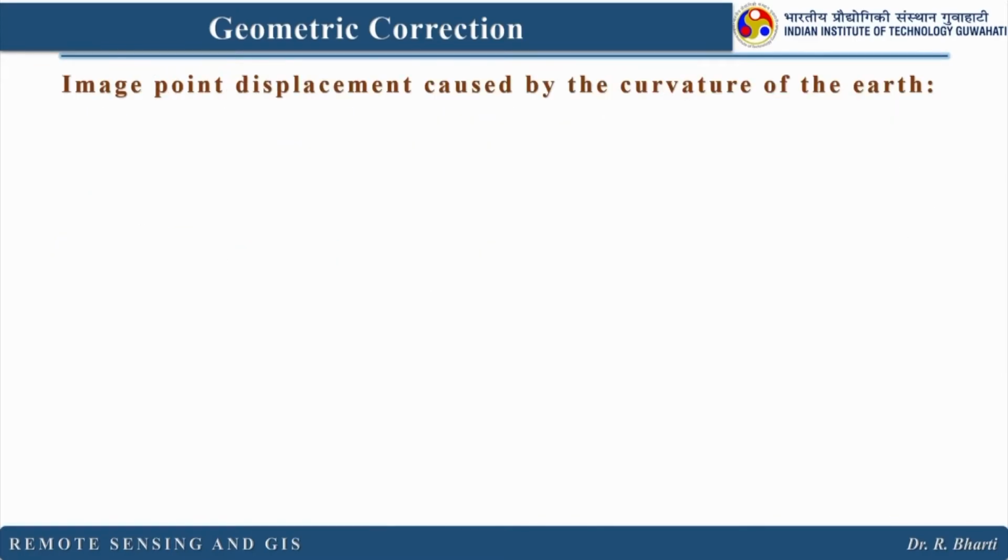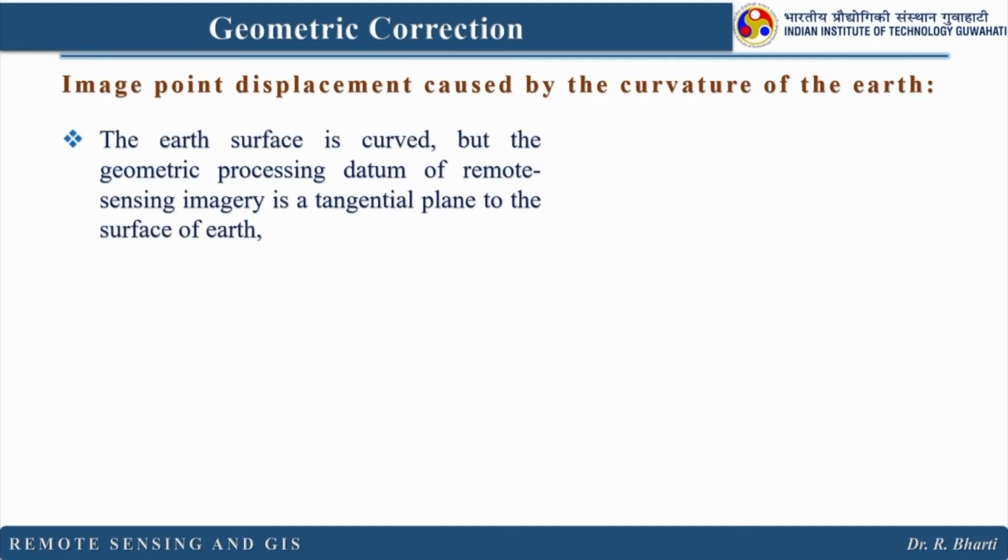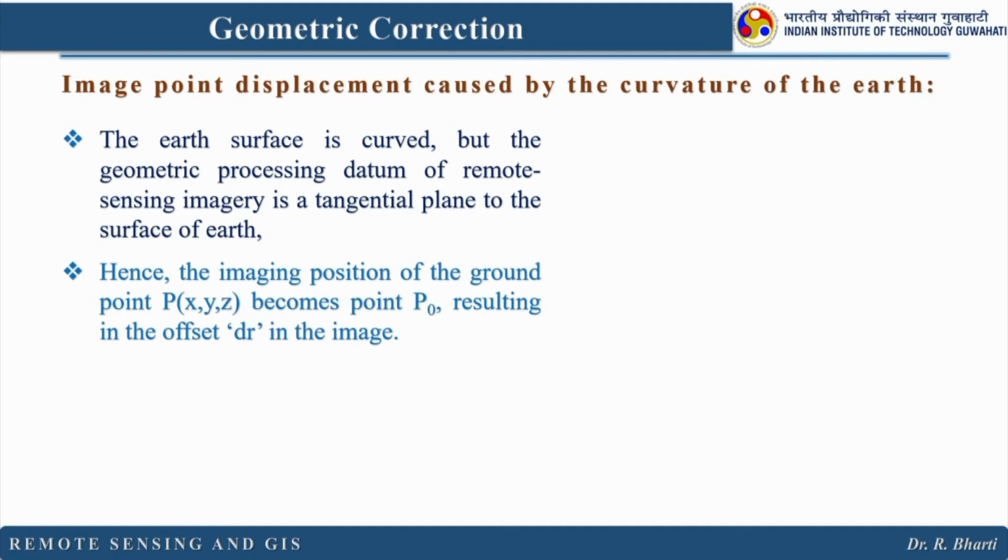Image point displacement caused by the curvature of the earth. Here the earth surface is curved, but the geometric processing datum of remote sensing is a tangent plane to the surface of the earth. Hence, the imaging position of the ground point P becomes point P naught, resulting in the offset dr in the image.